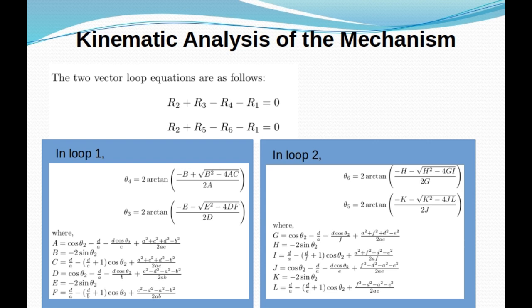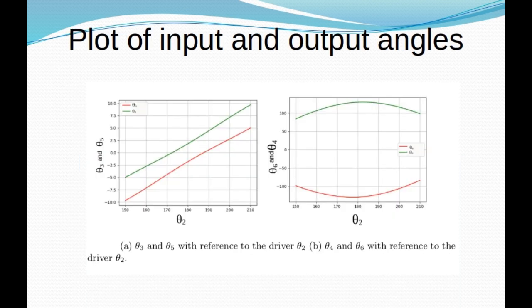In loop 1, theta 4 and theta 3 are found, and in loop 2, theta 6 and theta 5 are found. The motion of theta 4 and theta 3 with respect to theta 6 and theta 5 have to be equal. Only then can we obtain a good mechanism.